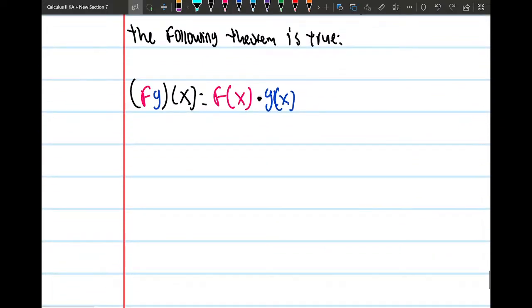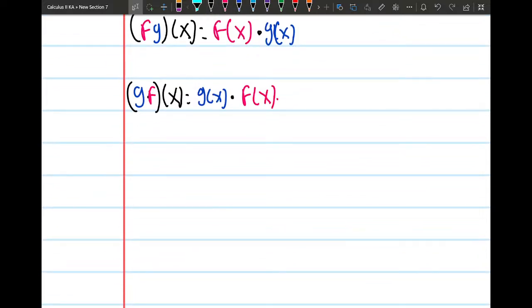And we also know that the same is true the other way: g f of x is equal to g of x times f of x. So we can use that idea for commutative property, okay, guys. So now we have this following theorem that holds true.